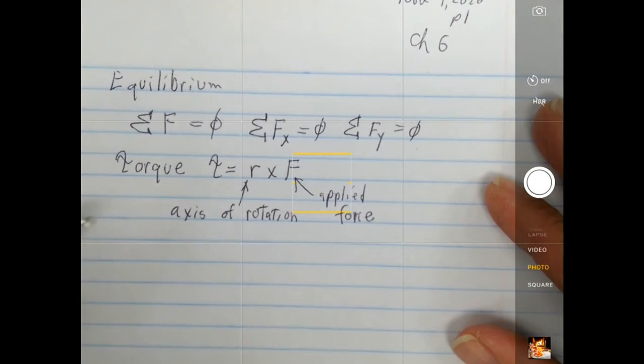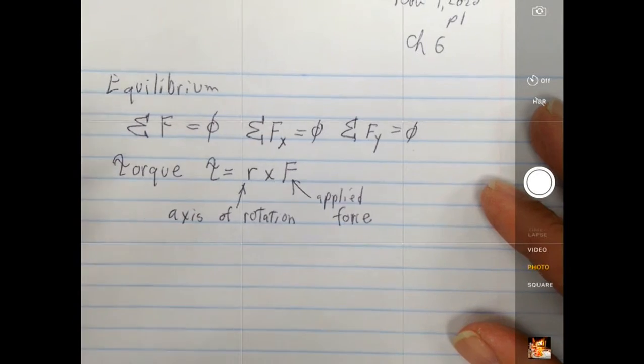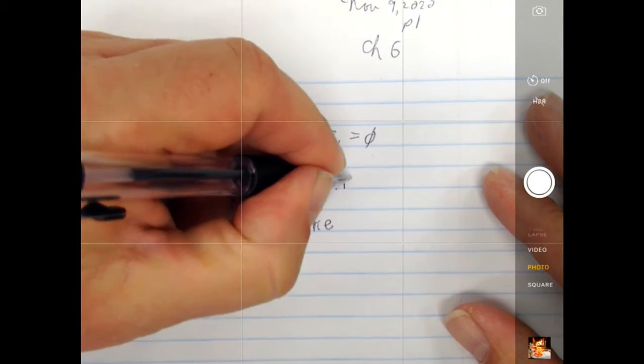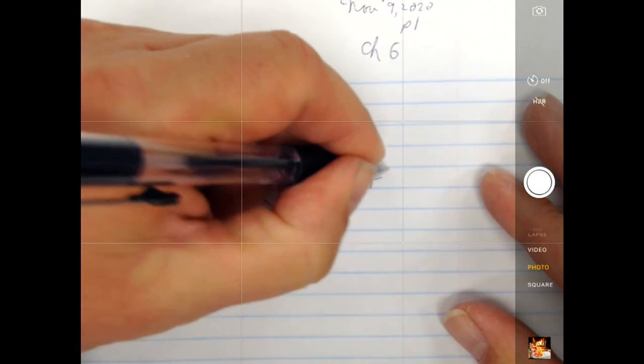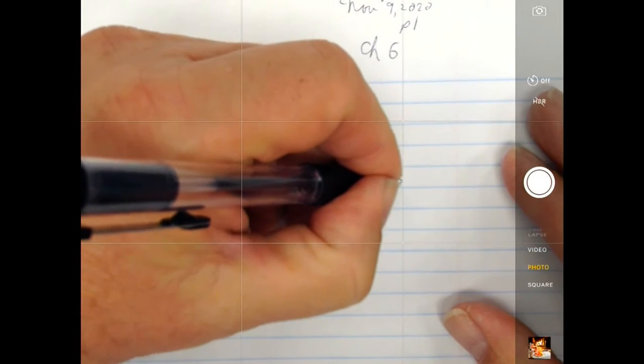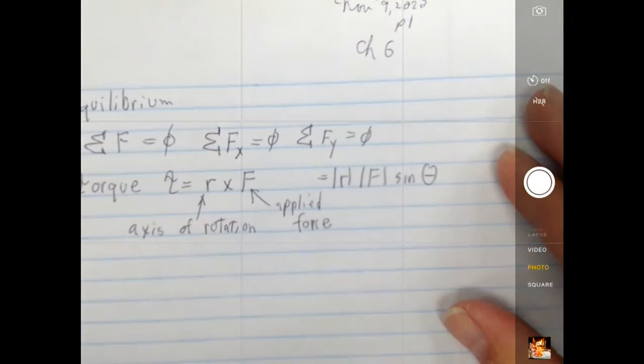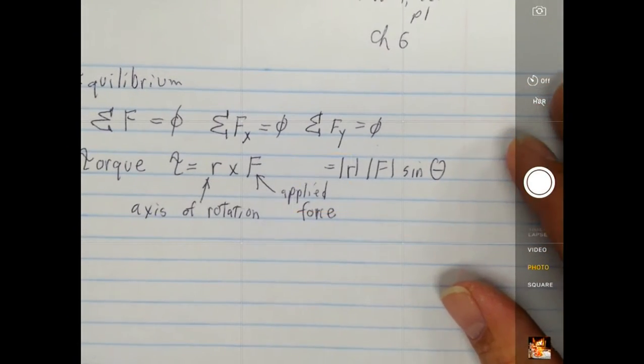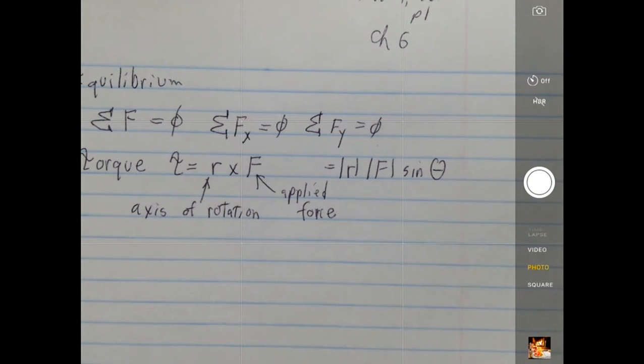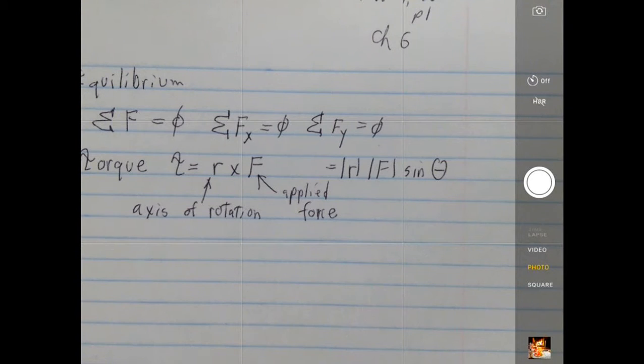R is the distance from the axis of rotation to the point of application of a force, of course. And cross product means it's the magnitude of that distance times the magnitude of that force times the sine of the angle between those two vectors.